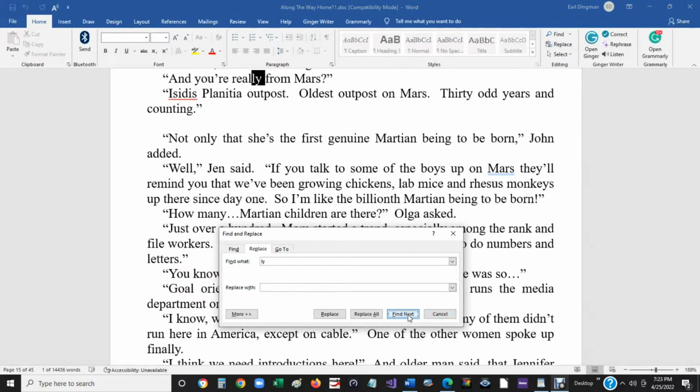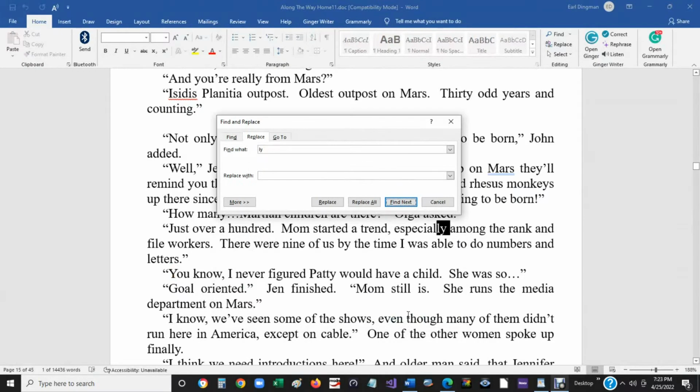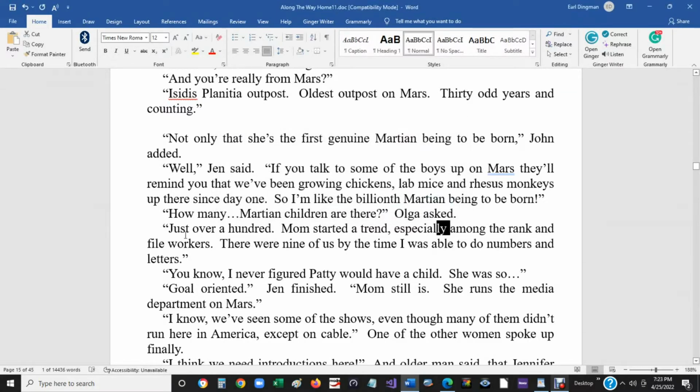Really works here. This is a good modifier. Only stays. Especially can go. "Mom started a trend, especially among the rank and file workers." "Mom started a trend among the rank and file workers" is a stronger sentence. So we take especially out.